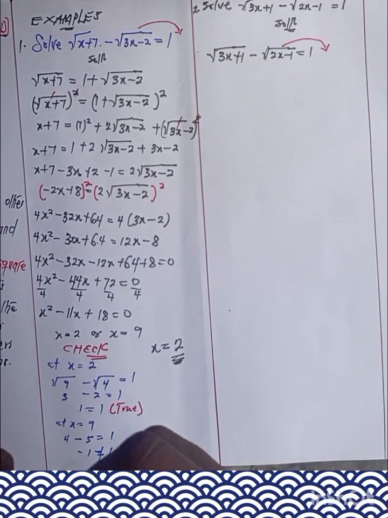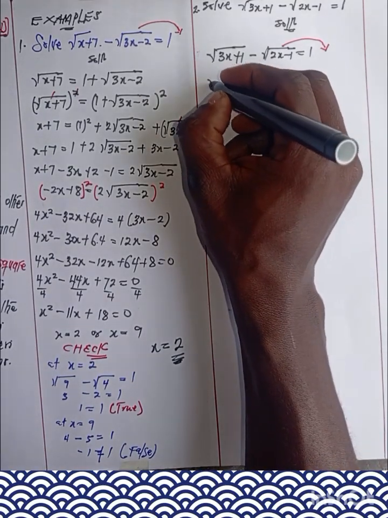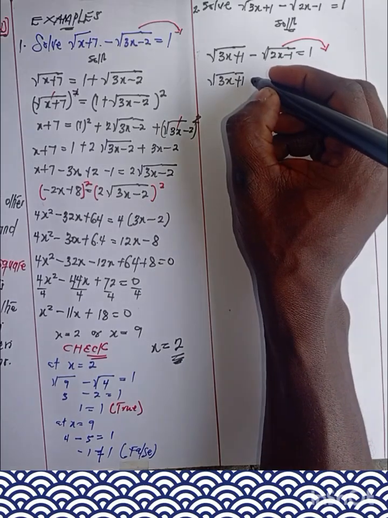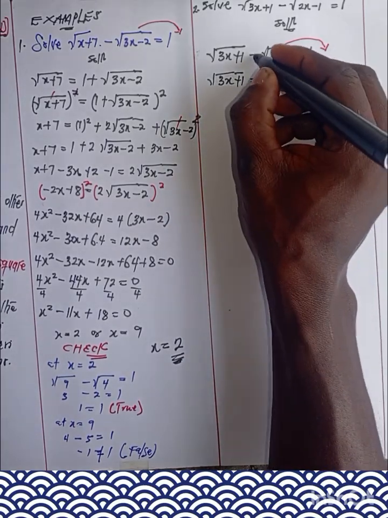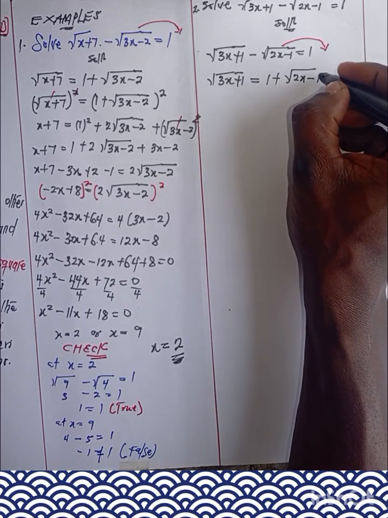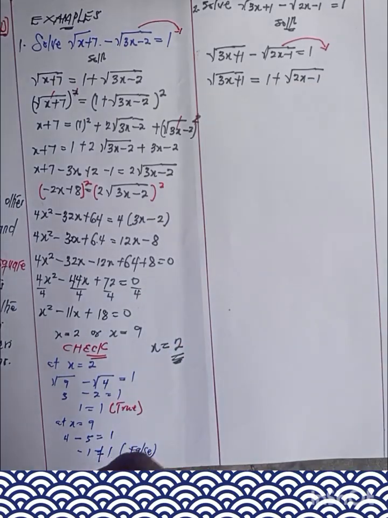So let's transfer this to the other side of the equation. So we are going to get root of 3x plus 1 is equal to 1 plus root of 2x minus 1.